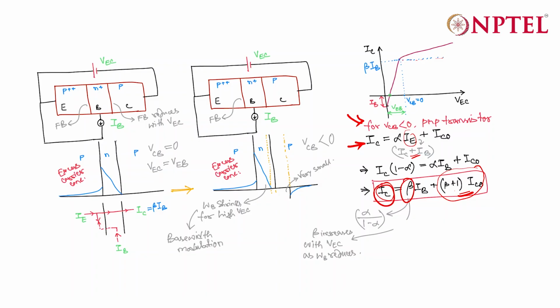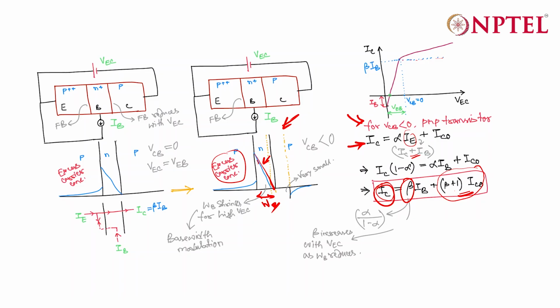Now if you look at the excess carrier concentration in this situation, you will find that at reverse bias voltage, the excess carrier concentration in the base region will be something like this. At equilibrium, it is like this red one, and when you increase the reverse bias, your effective base width will start reducing because of the depletion region, because in this case it is very important to consider the depletion region.